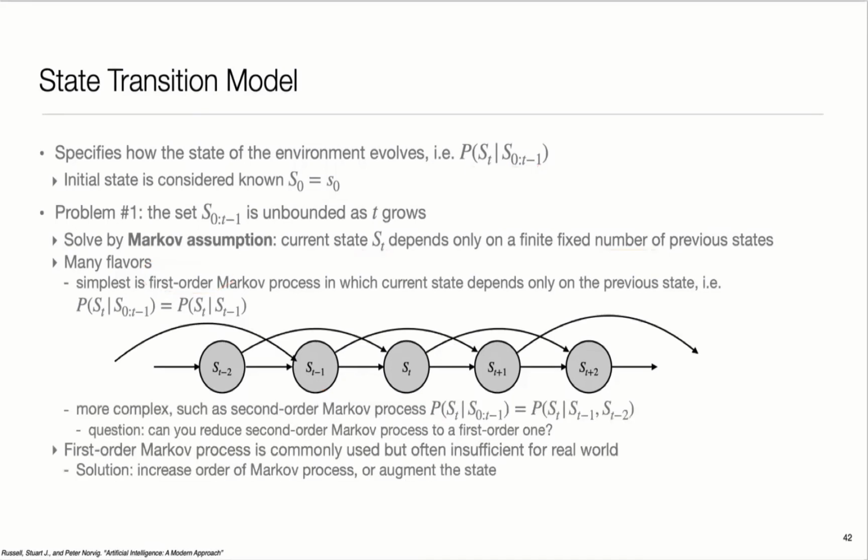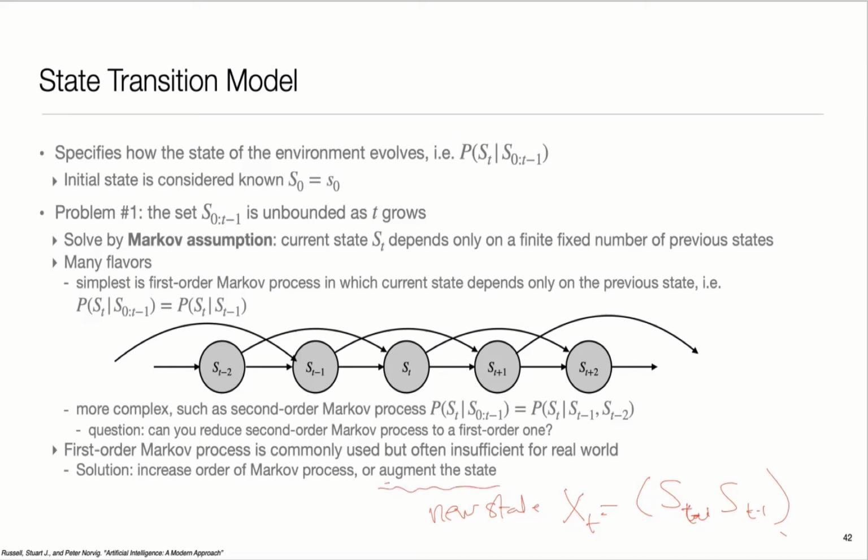In the case of second order, I can define my new state, and we are going to call that X. This is the new state definition, and X of t is the tuple S of t and S of t minus 1. So I'm remembering other elements in that window also, like you're suggesting. You could think of it as augmenting the state.